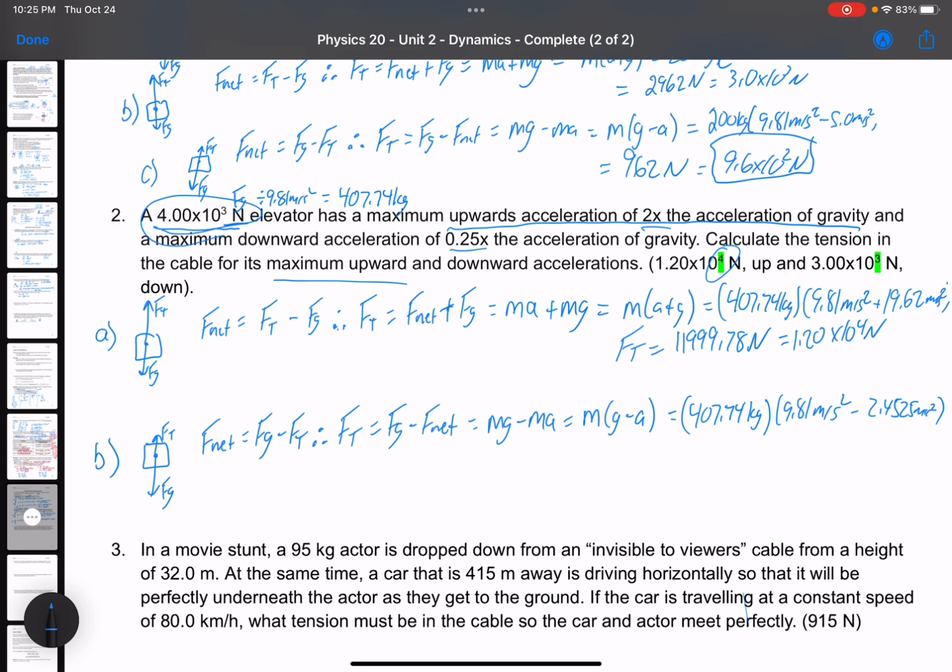I've lost a decimal somewhere. Subtract that number. 7.74. And that gives me a force of tension of 2,999.94 newtons. So 3.00 times 10 to the power of 3 newtons. Okay?